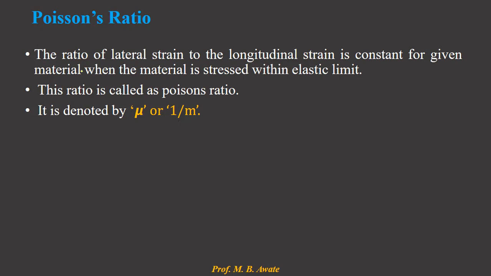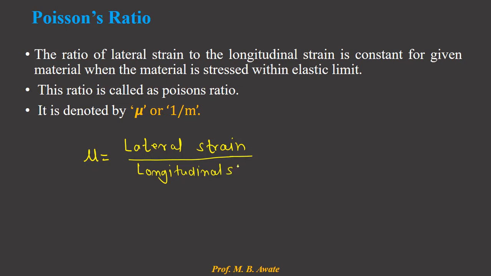Now, just now we have seen the definition. We will put it in the form of equation. So mu is Poisson's ratio. And what is that? It is the ratio of lateral strain to the longitudinal strain. Sometimes it can also be written as the ratio of lateral strain to the linear strain, because longitudinal strain is nothing but linear strain.